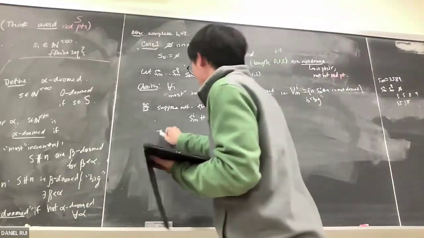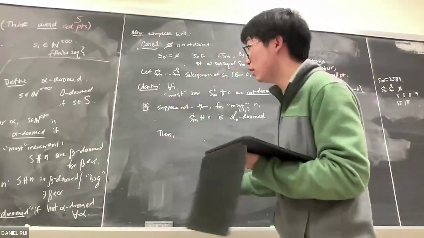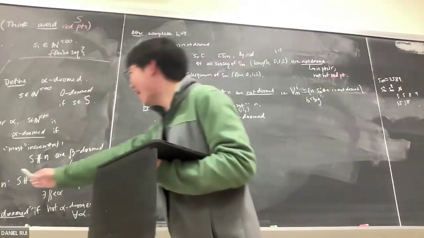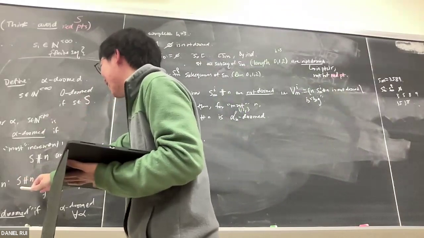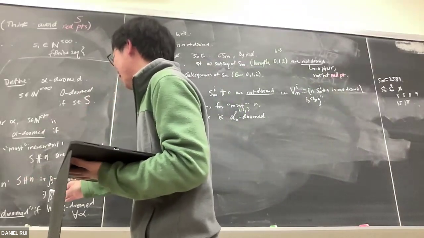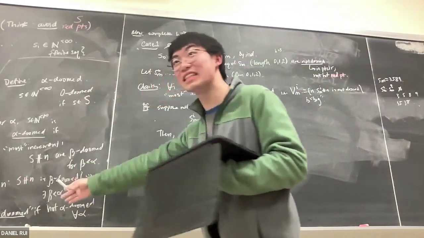But then recall the definition of doom. S concat n is beta doomed for beta less than alpha, right?